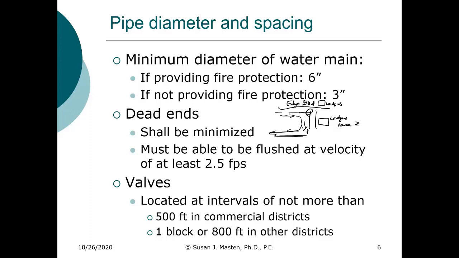As you're designing your distribution systems, you'll look at this in 422, if you haven't already. When you're designing your distribution system, you want to make sure that you have as few dead ends as possible.